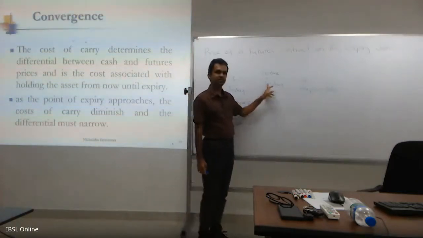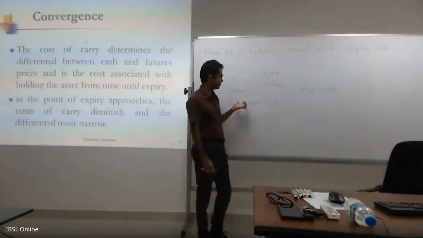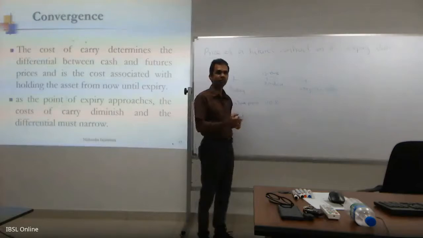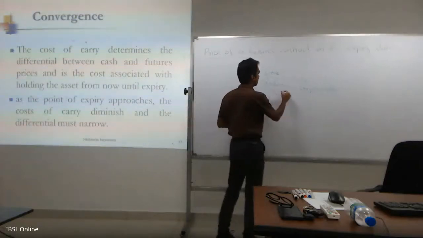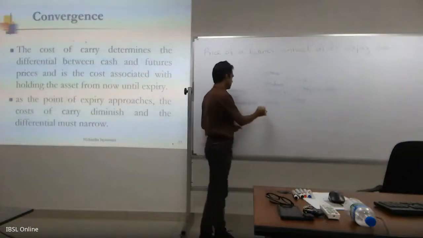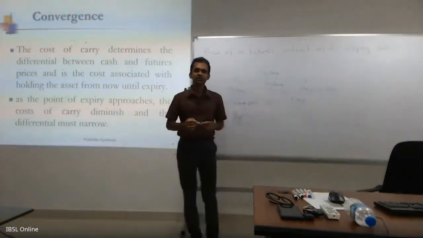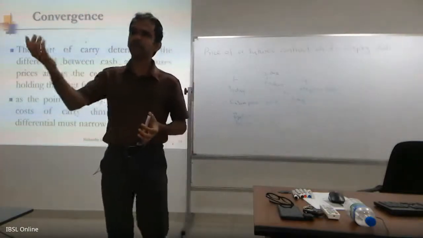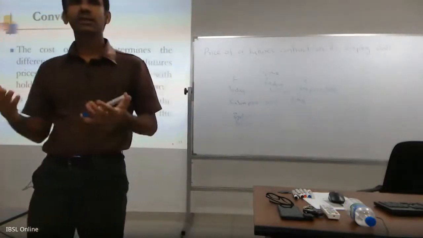What would be the price of this same future? It doesn't mean that it was 30 days, then it would be only for 15 days. What would be the futures price? It won't be 110.50. Will it be more than that or less than that? It will be less than that.